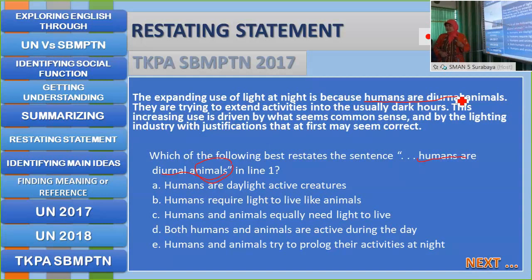We can only be active during the day. So the statement "humans are diurnal animals" means humans are daylight active creatures.